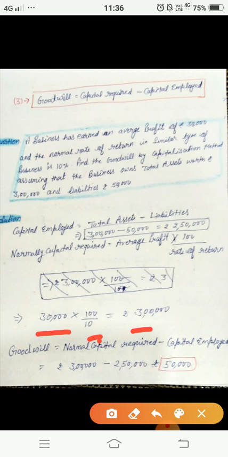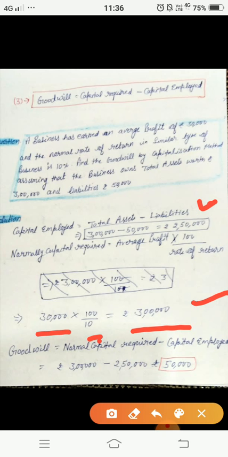So you can see that the capitalized value of average profit, you can say the normal capital employed, is rupees 3 lakh, and the actual capital employed you have seen is 2 lakh 50,000. So the difference between the both is 50,000.